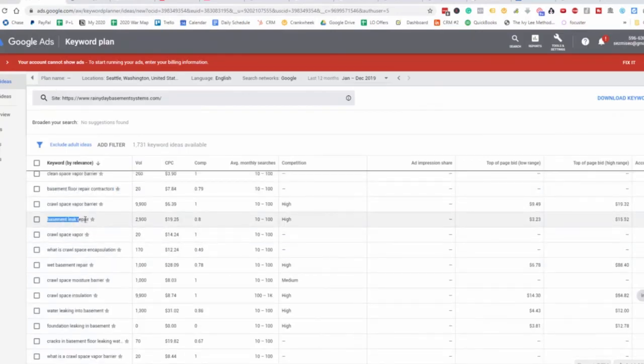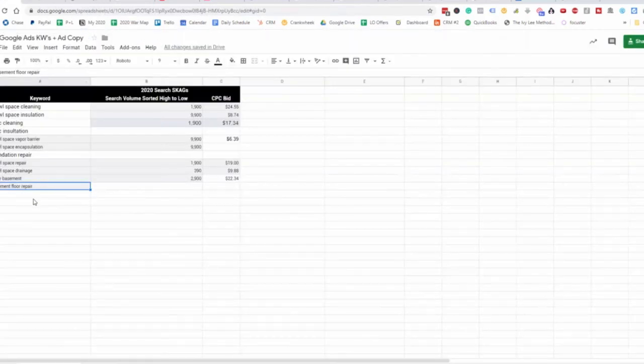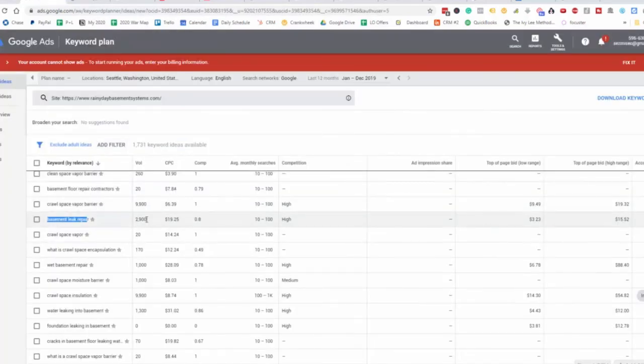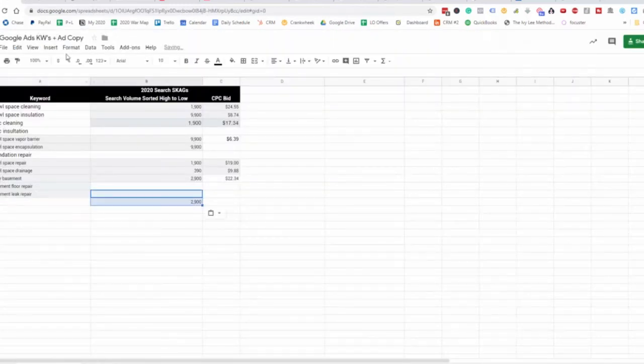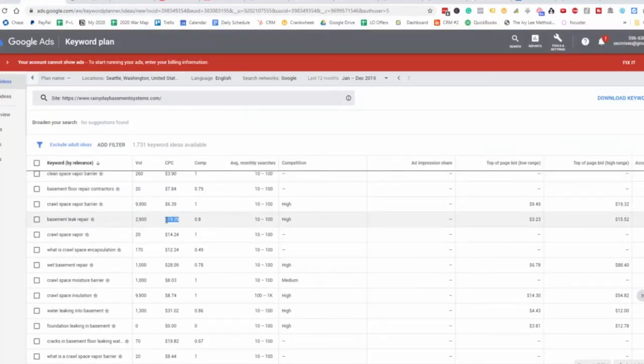Here we have basement leak repair. This is another one. And these are kind of similar, so these may be put into one keyword ad group. Let's look at the 2900. Okay, great. And then what is the CPC?